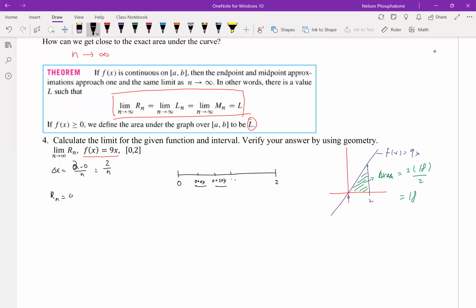It will be delta x times f of 0 plus delta x, plus f of 0 plus 2 times delta x, and then basically we have up to f of n times delta x.